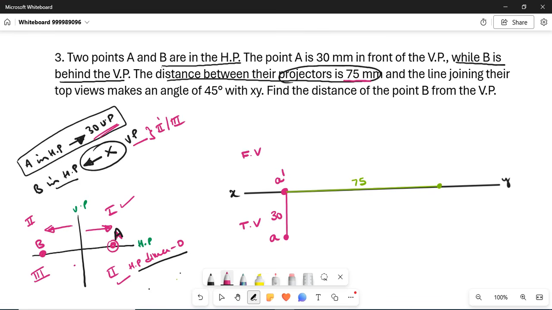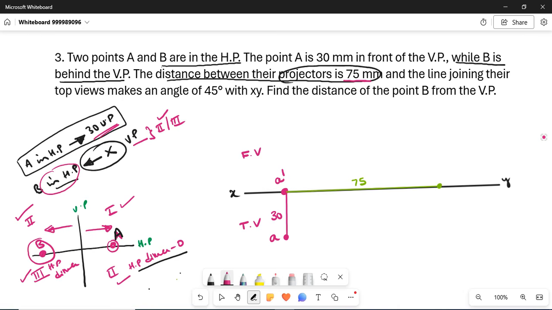Now I am taking the second quadrant, because one distance is 0: it is in the HP, which means the HP distance is also 0 for B. B is in the HP means the HP distance will be 0, from the HP the distance will be 0. Hence the solution will be the same whether you take the second quadrant or the third quadrant.